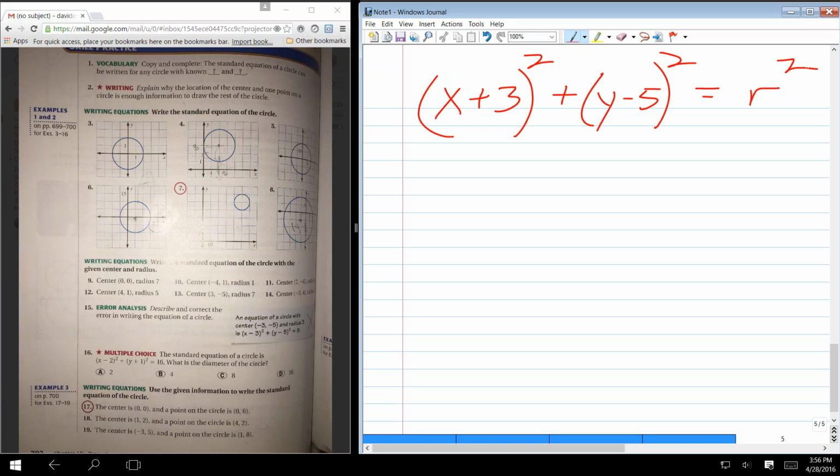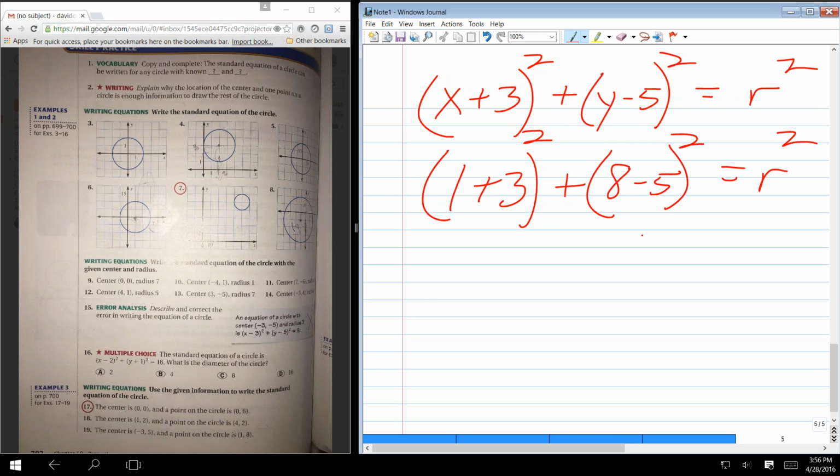Again, they've given us a point on the circle. So what's the next step? We fill in x, which is 1, and 8, which is y. I get 1 plus 3 squared plus 8 minus 5 squared equals r squared.